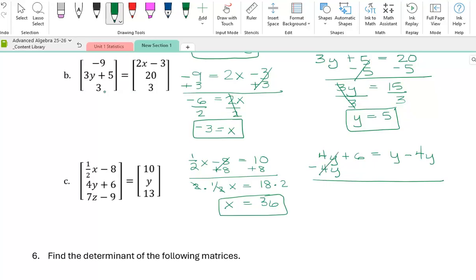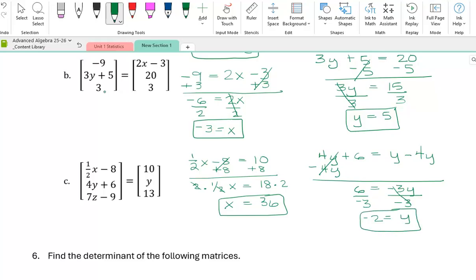So then I have, that goes away, and I'm left with 6 equals 1y minus 4y is -3y. Divide both sides by -3. So they cancel out, and I'm left with y equals -2.